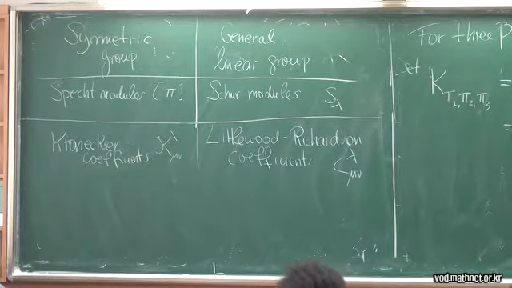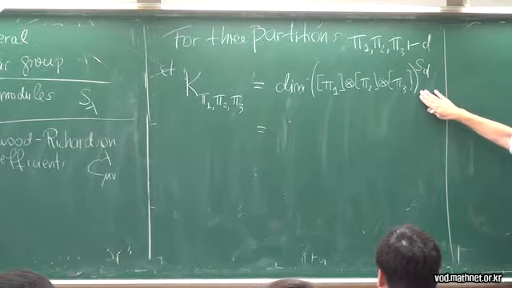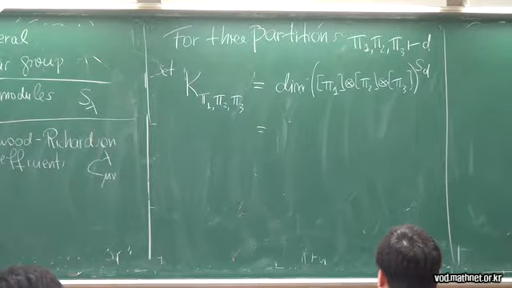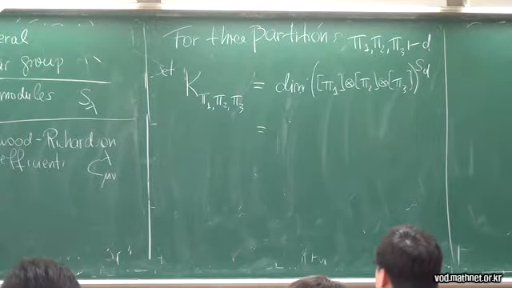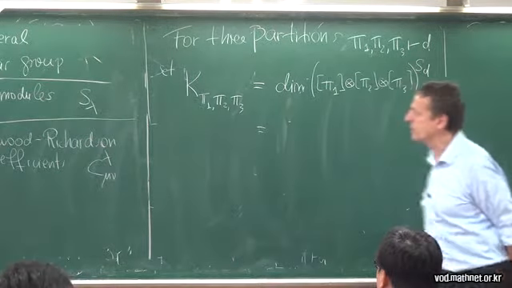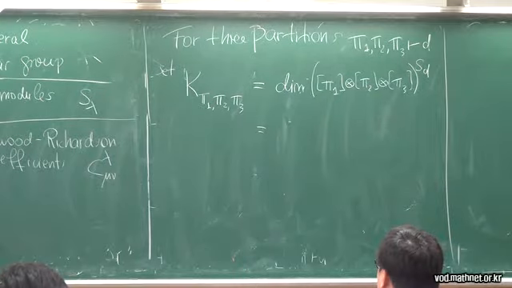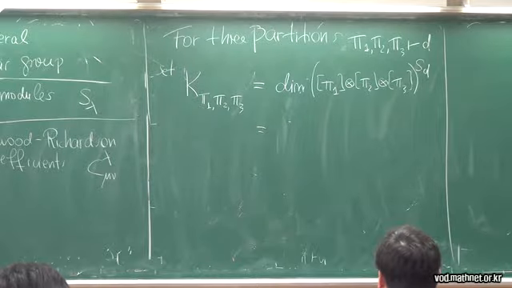One way to describe them, they're exactly our yellow numbers. The Kronecker coefficients are important to us because they are our yellow multiplicities. So the Kronecker coefficients are the dimensions. For example, if I have three partitions, pi 1, pi 2, pi 3, in this symmetric way of writing it, it's the dimension of the S_d invariants in the triple tensor product, pi 1 times pi 2 times pi 3.